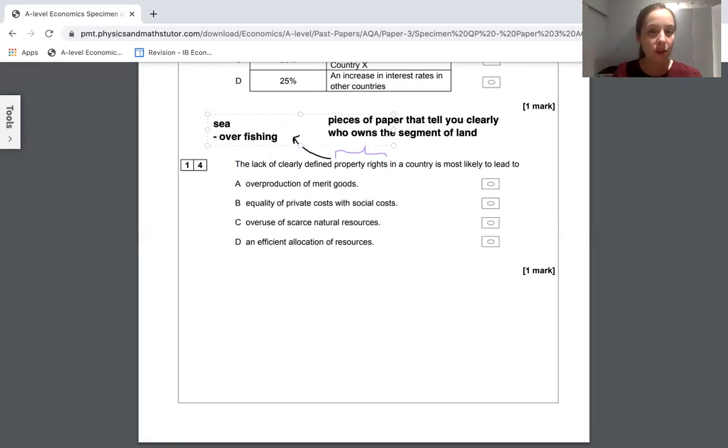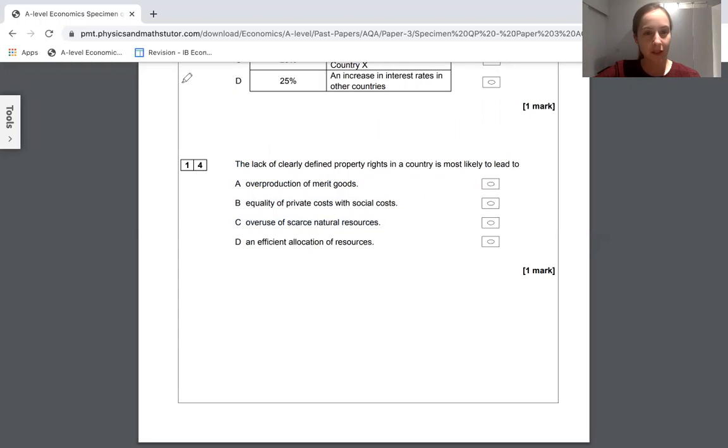They don't have to worry that fish is stocked in the sea. That's not their job. So that's the answer. There's a little bit more information as to why it's not any of the other ones down below, so please download that. But in the meantime, C is the answer.